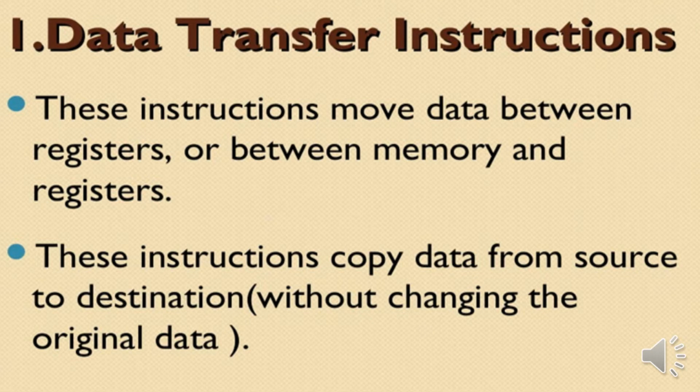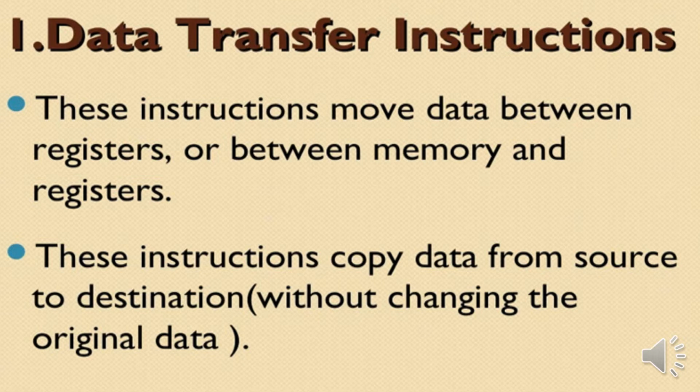First, data transfer operations, or data transfer instructions. The data transfer instructions load the given data into a register, copy data from register to register, from register to memory location, and from memory location to register.